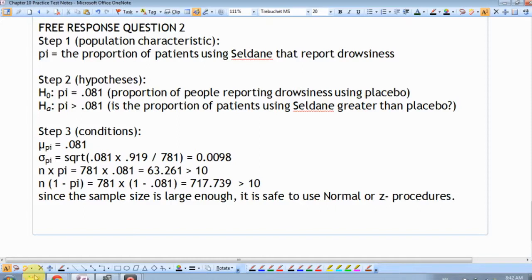Okay. Calculations, step 4. Test statistic is a Z. Okay, that's going to be equal to P minus mu pi divided by sigma pi.